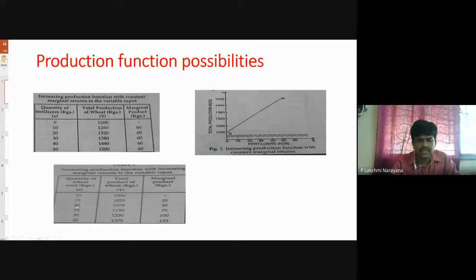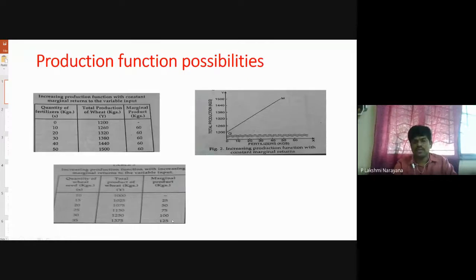Again, the seed is changed to 20 kgs. Then the output is 1075. Then marginal product is 50. 1075 minus 1025 is 50. In the last case, he used 35, 75 is the output, and the marginal product is 125.